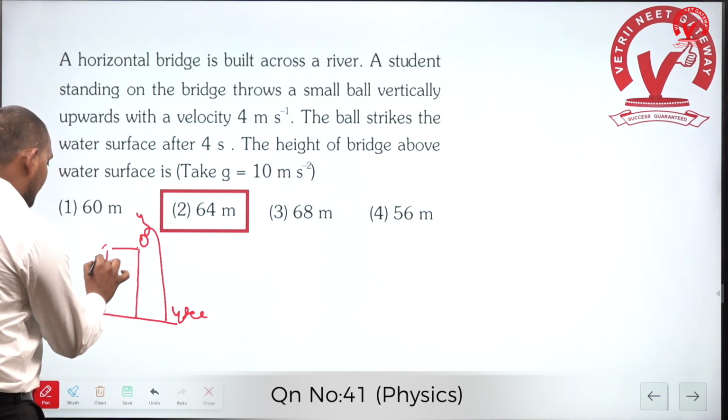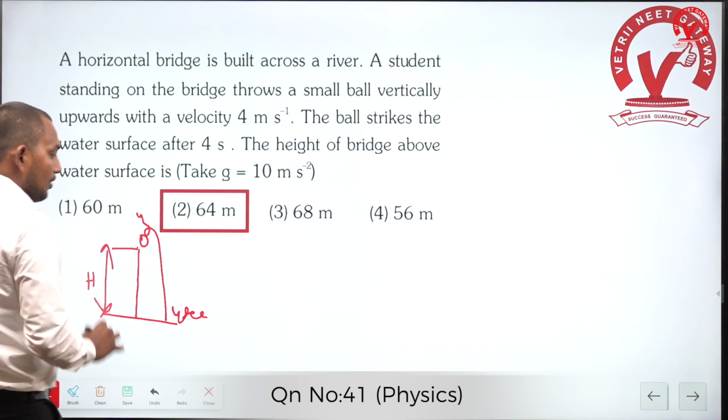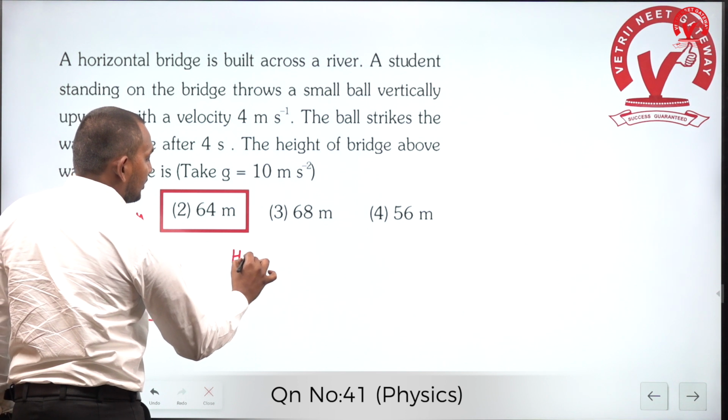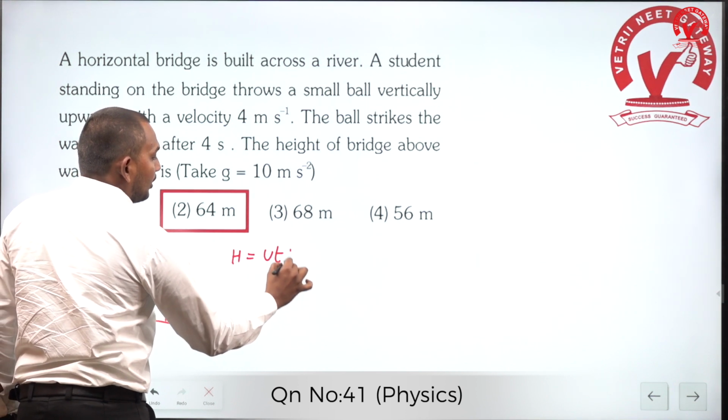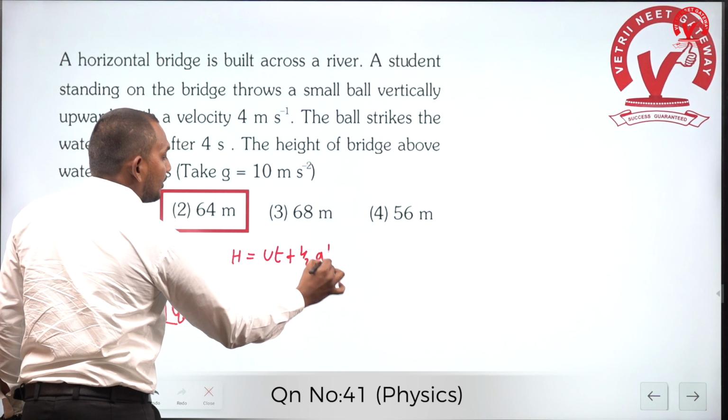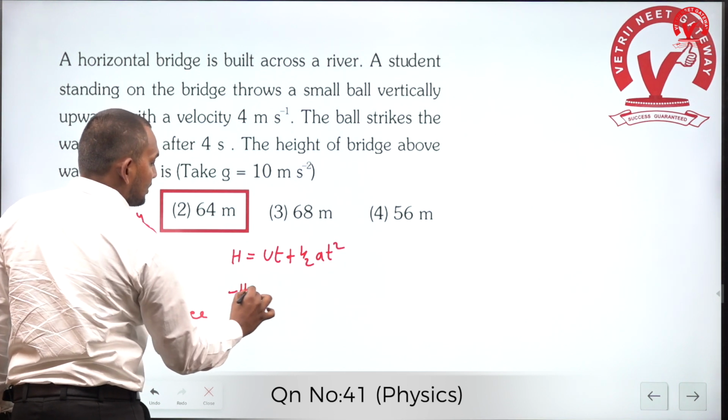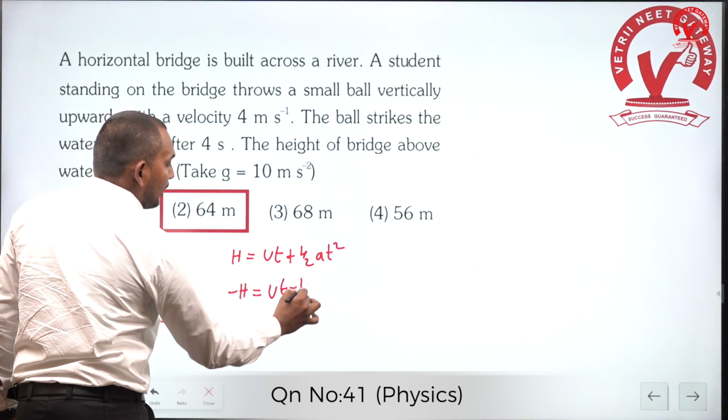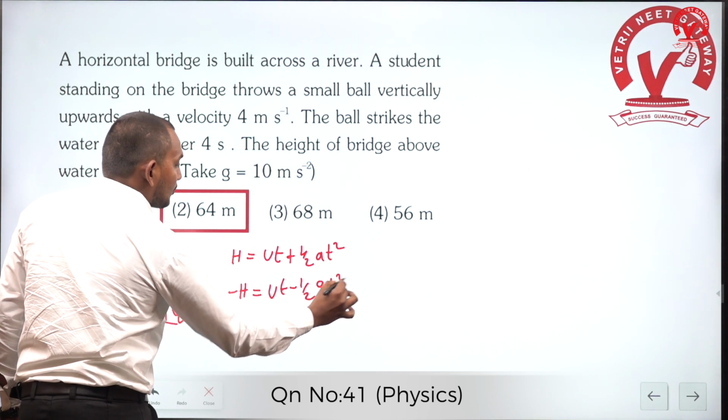So this is height h. We know the formula, h is equal to ut plus half a t square. So minus h is equal to ut minus half g t square.